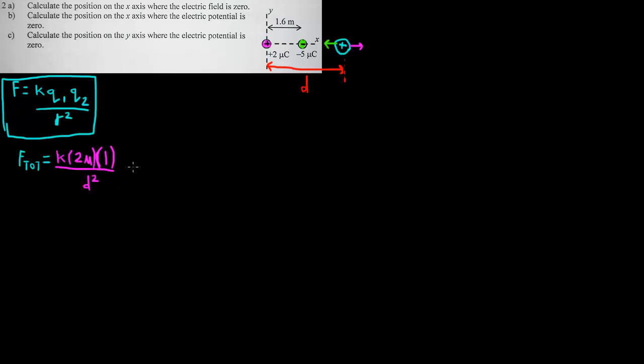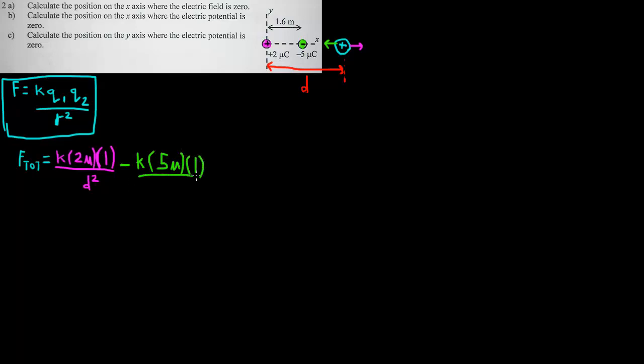And now we have the force from the negative charge on the positive test charge, and that is going to be pulling it in the negative direction, so that's going to be k times, and since I've already stated it as negative, I'm just going to write the magnitude of the charge here, 5 micro, and times 1 for the positive test charge.